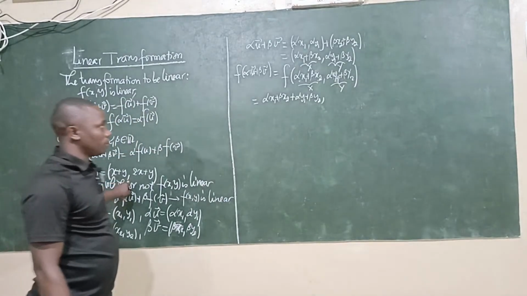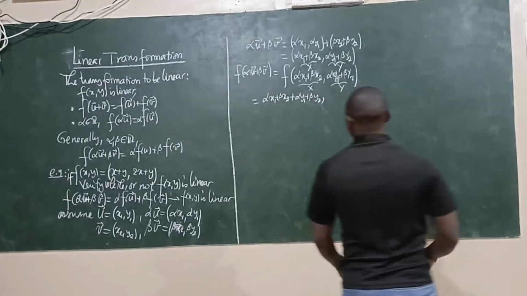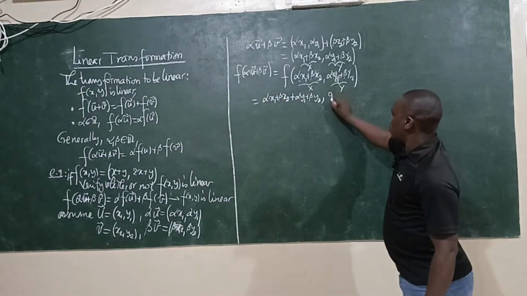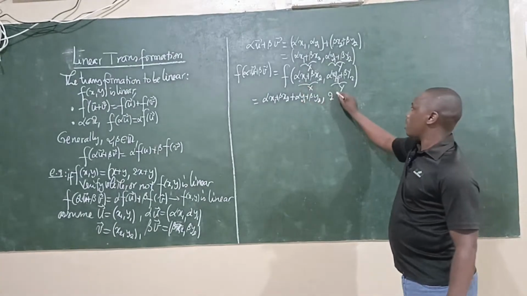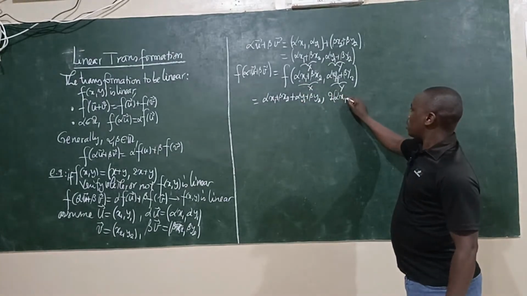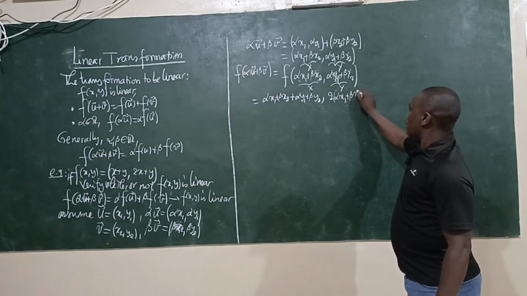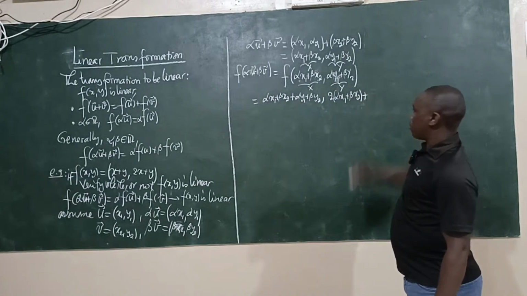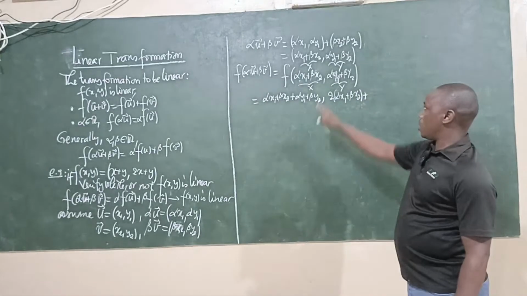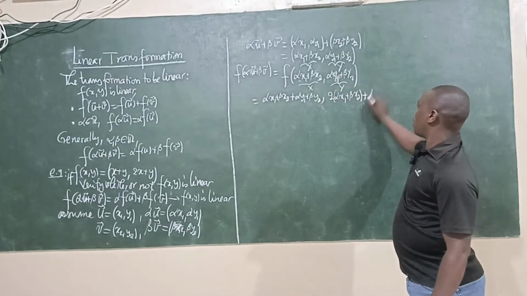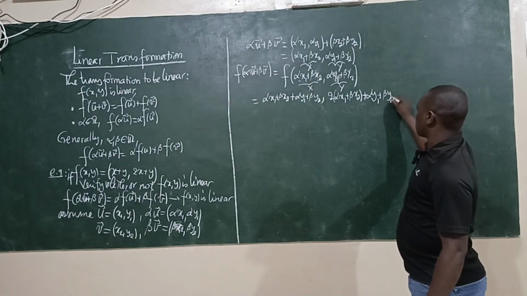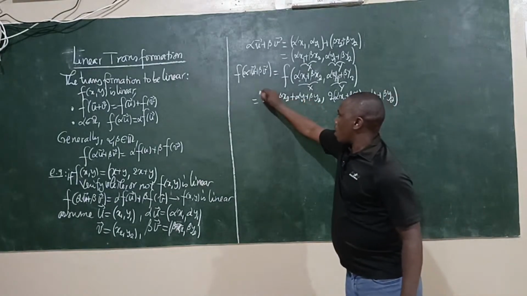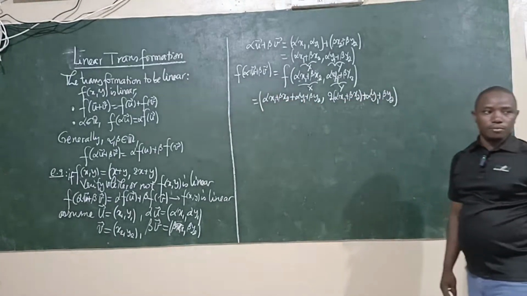That's why this is going to be 2 times x, and remember, x is replaced by alpha x1 plus beta x2, plus y, and y is replaced by alpha y1 plus beta y2. Now here it is.